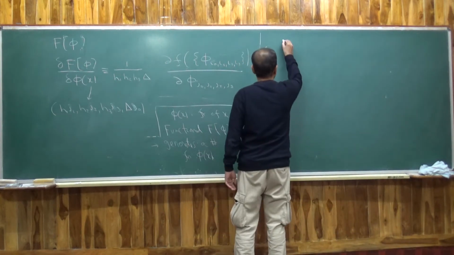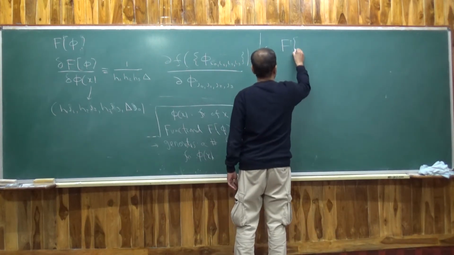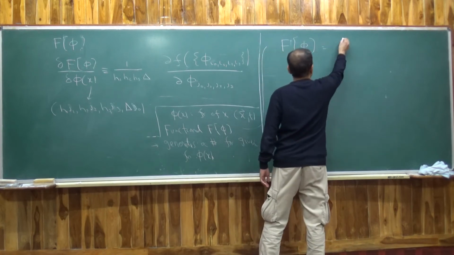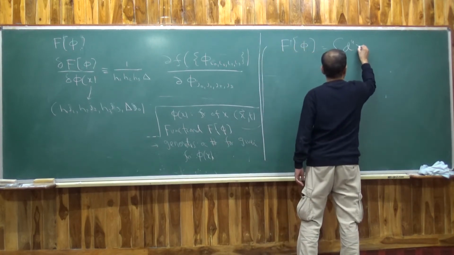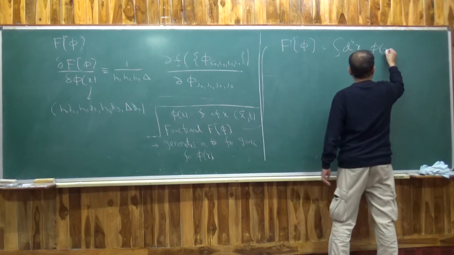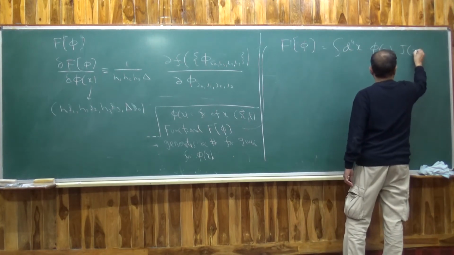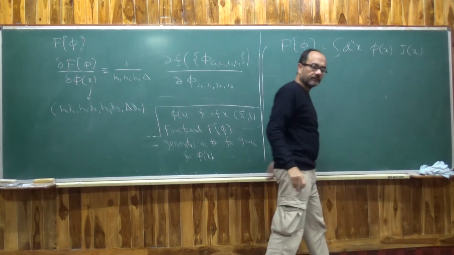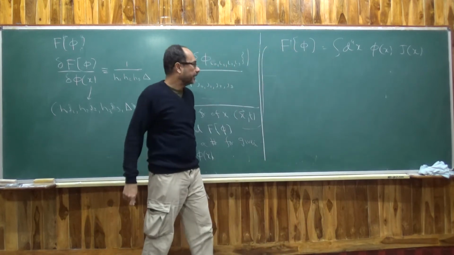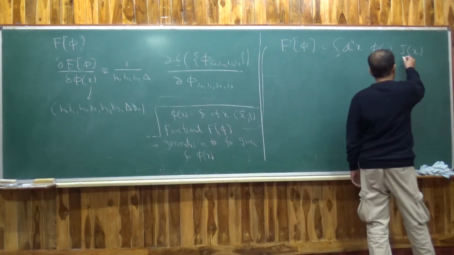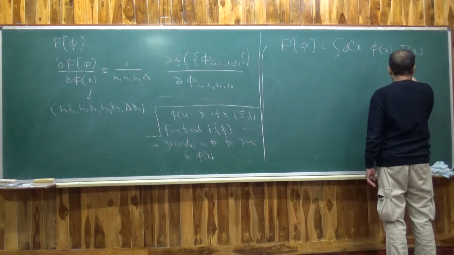So let's suppose we have f of phi as integral d4x, phi of x, g of x. This is a fixed function. This g of x is some fixed function of x.